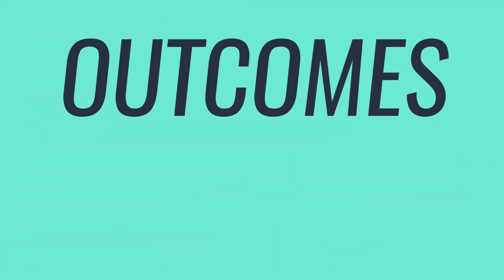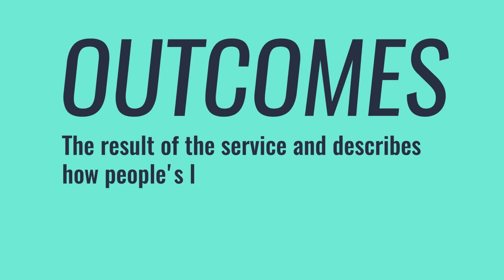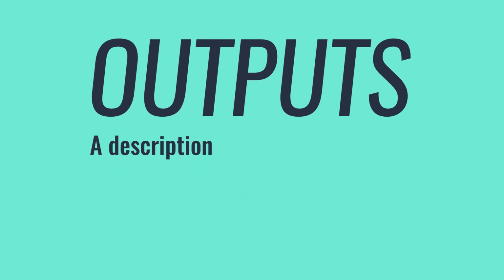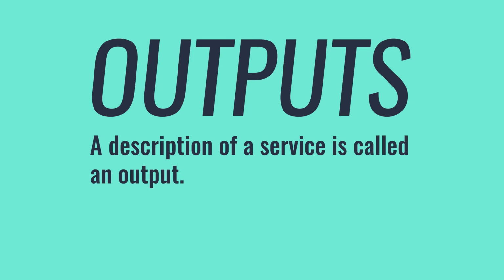If you've noticed, both the ROMA cycle and logic model emphasize outcomes. So what do we mean by an outcome? An outcome is the result of the service and describes how people's lives were changed. In contrast, a description of a service is called an output.